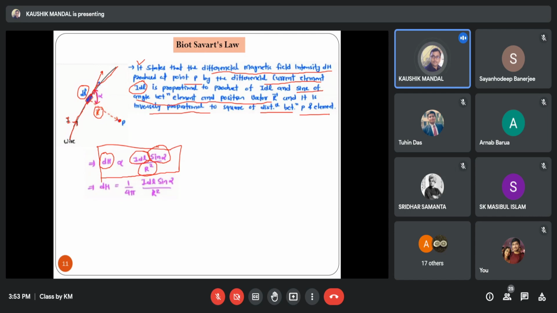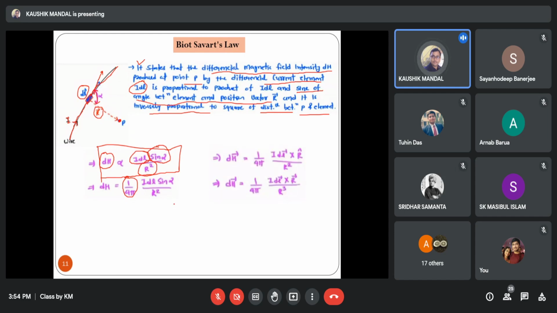As per the Biot-Savart's law, the magnetic field intensity at this particular point P will be directly proportional to the differential current component I dl, proportional to the sine of alpha, and inversely proportional to R square. Now, this proportionality constant is sometimes represented by K also. It is written as 1 by 4 pi. So this is I dl sine alpha by R square.